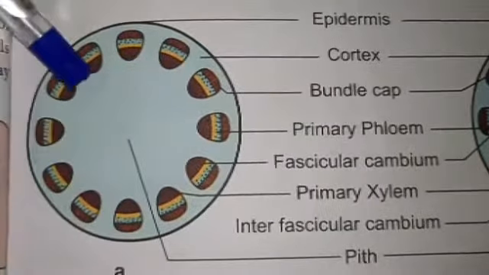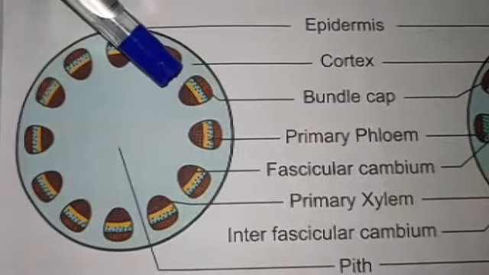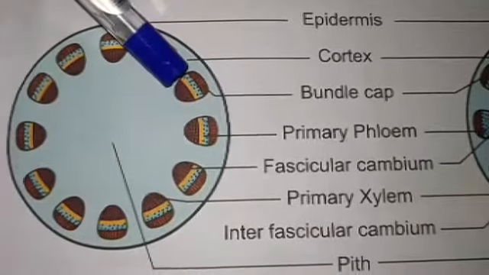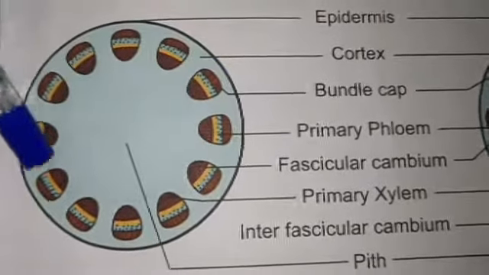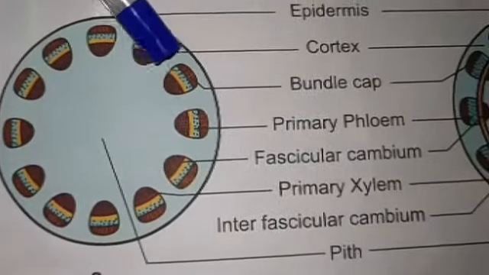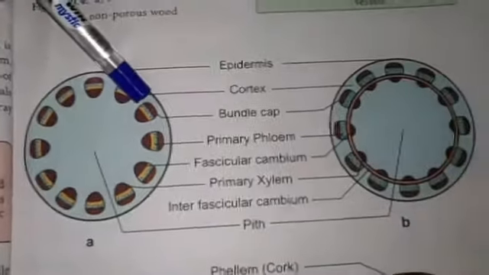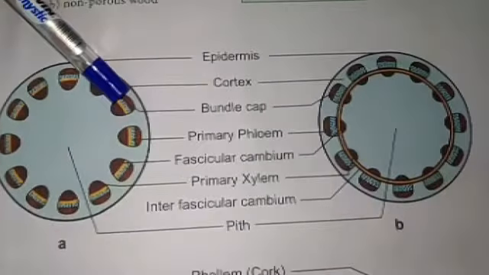The TS of stem shows the epidermis and, in the middle region, the cortex. In between the cortex, the vascular bundles are formed in the form of a ring, called a eustele. The bundle cap is the pericycle in the form of sclerenchymatous tissue.